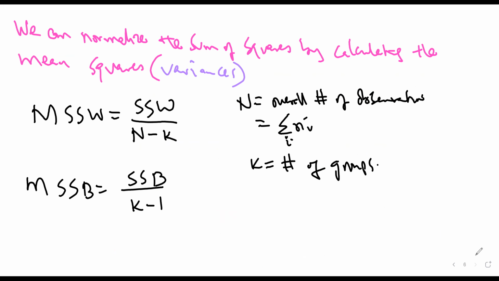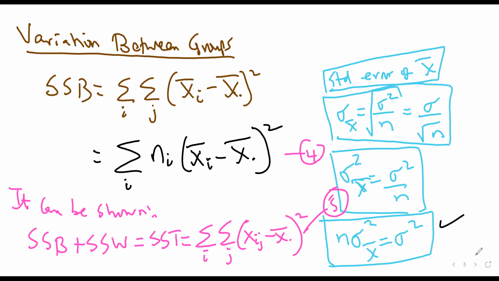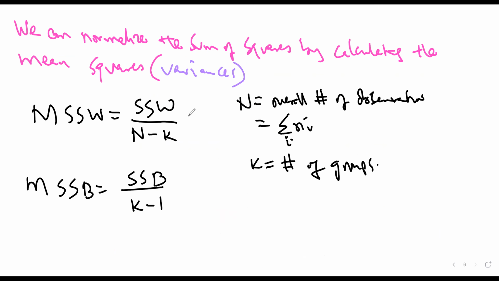If you look keenly, let's continue numbering them. Let's call this number 6 and this number 7. If you look keenly, you will notice that number 6 is the pooled variance.